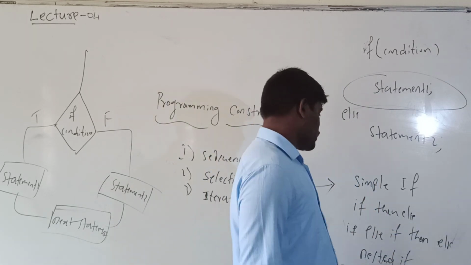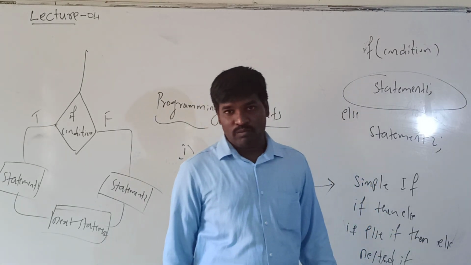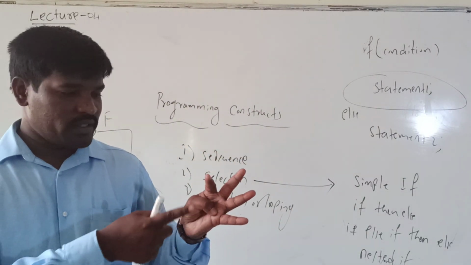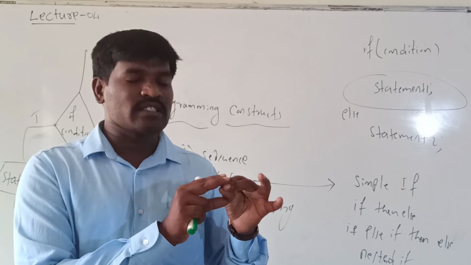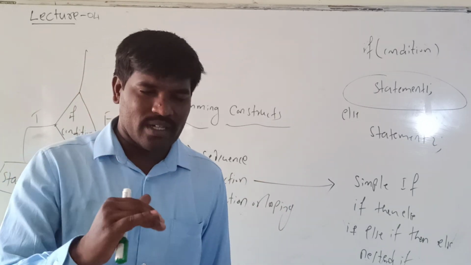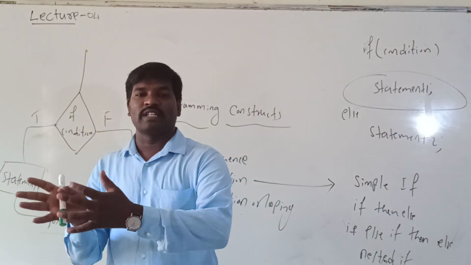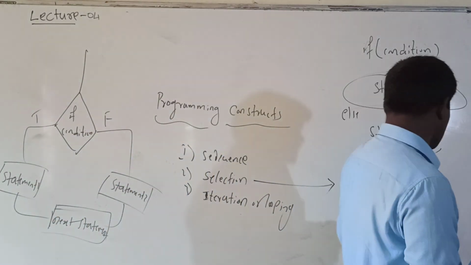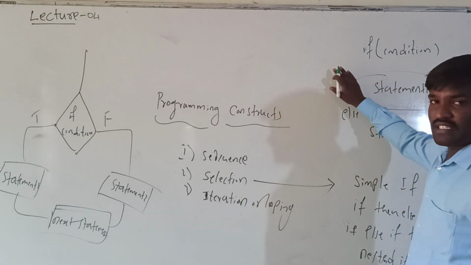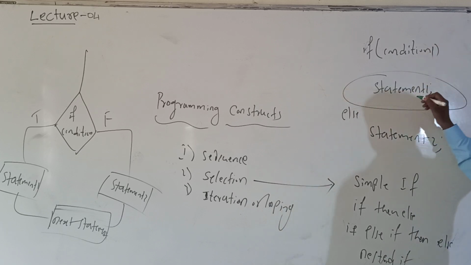Then we use the if else if then else statement when, for example, the number is positive, negative or 0, which consists of three conditions. So two conditions we have to check and one is by default. Here, if condition 1, statement 1.